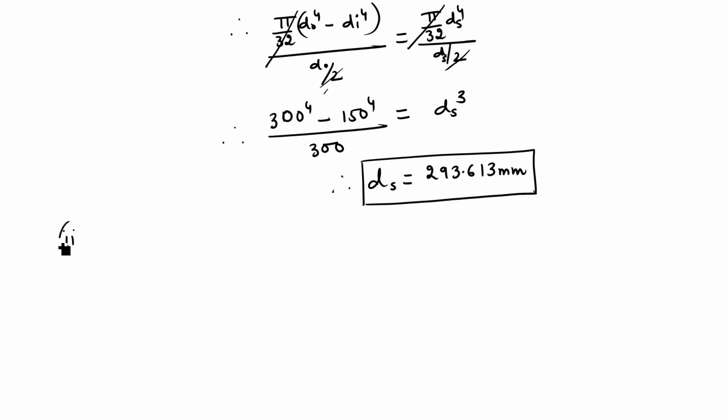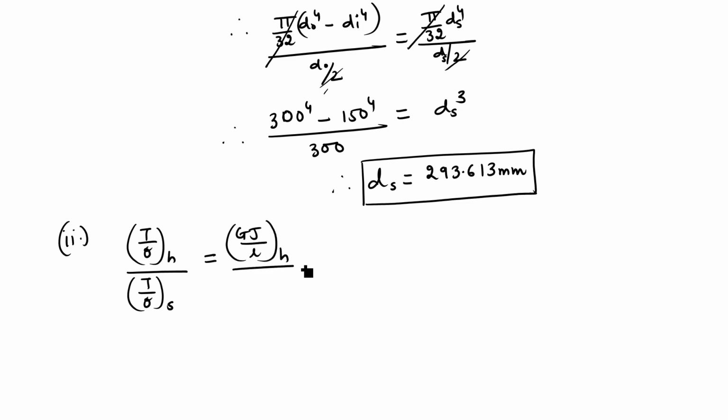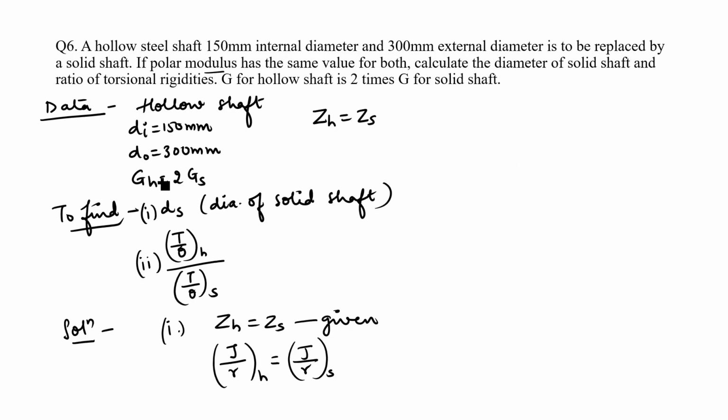Now when I talk about the second one, that is T by theta for hollow upon T by theta for solid, that is torsional rigidity, will be Gj by L for hollow upon Gj by L for solid shaft. Now when I have to calculate this ratio, you can see the value of GH is twice GS.